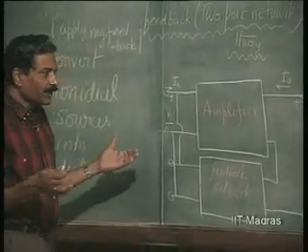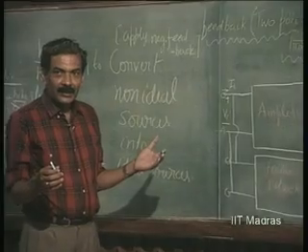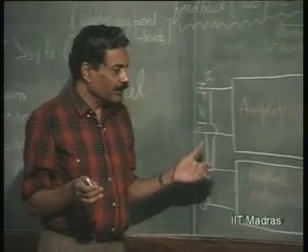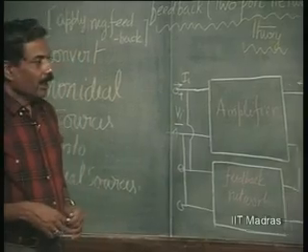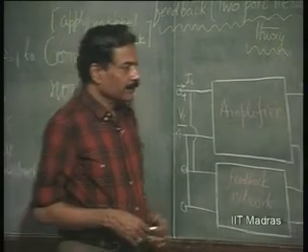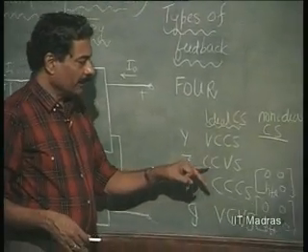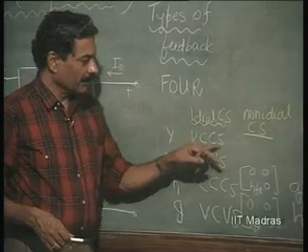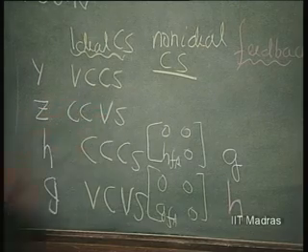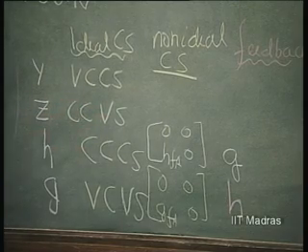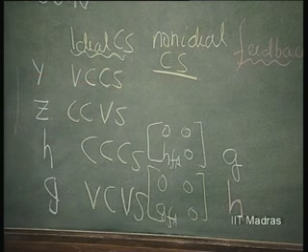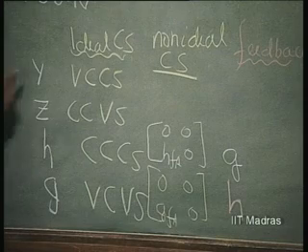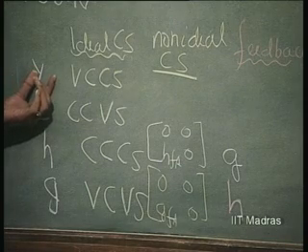So, this way if you understand feedback, you will never commit the mistake of connecting these things wrongly. Now, what is the feedback in order to make it a voltage controlled current source and current controlled voltage source? So, voltage controlled current source is expressed in terms of Y parameter.